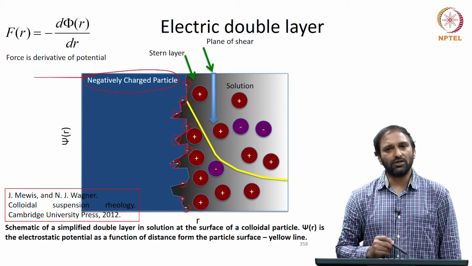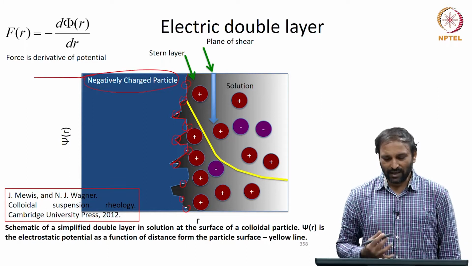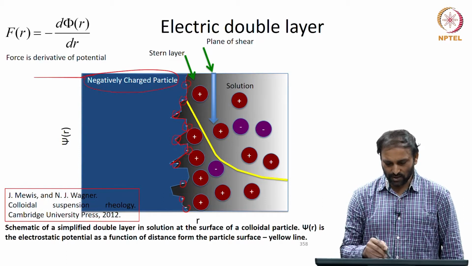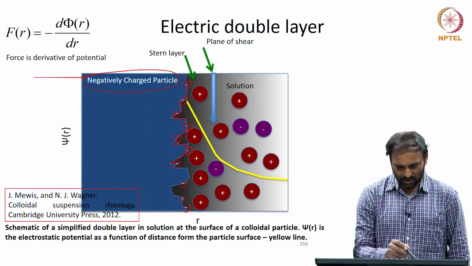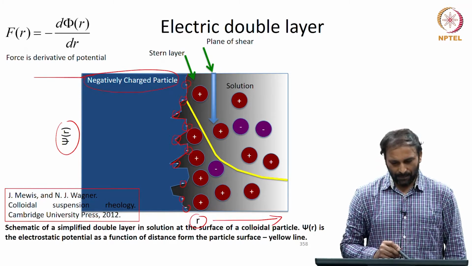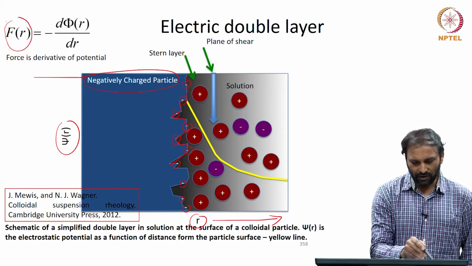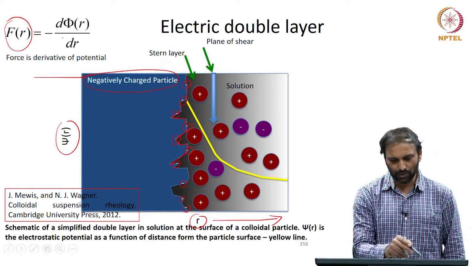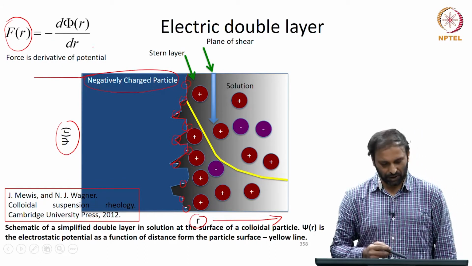This is because any particle at the nanoscale is not homogeneous; there could be some heterogeneities on the surface. So what is plotted here is the potential against a separation distance r, and of course we know that the force of interaction is related to the potential of interaction through the formula f of r is the negative gradient of the potential, right.